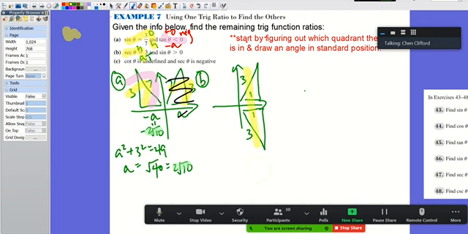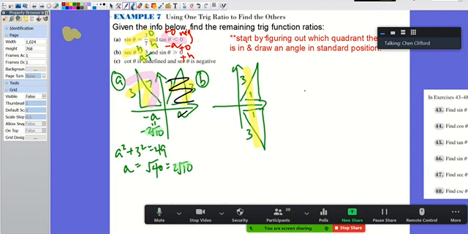Now sine is opposite over hypotenuse, and that is positive. Hypotenuse is always positive, so that narrows it down to saying that opposite must be positive in order for sine to be greater than 0.